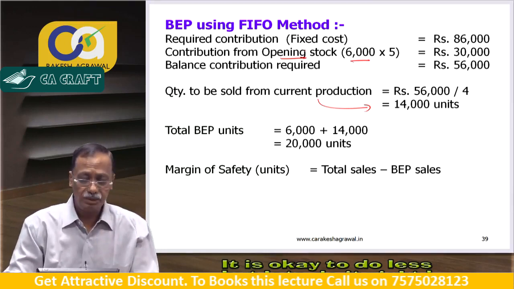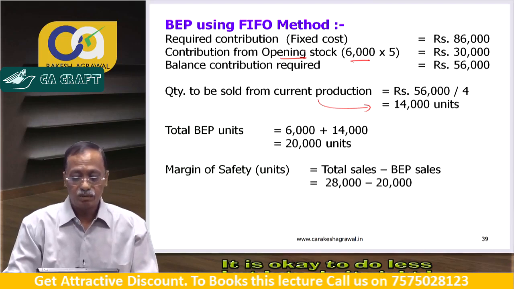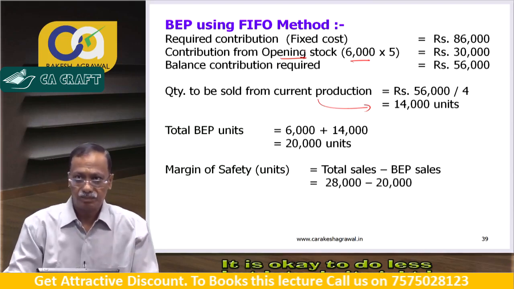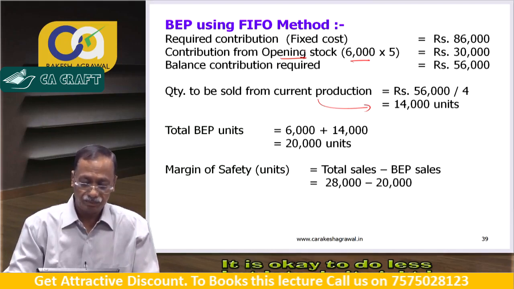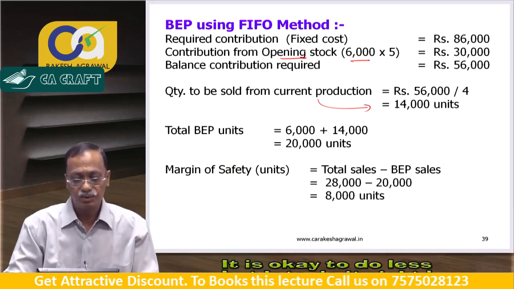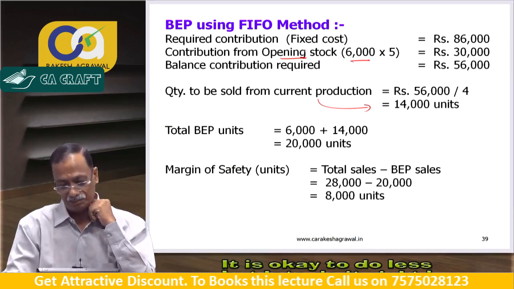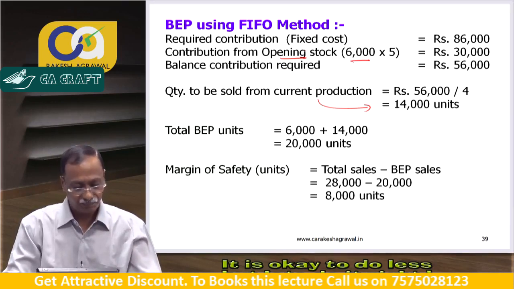Total sales minus BEP sales is equal to 28,000 minus 20,000, that is 8,000 units. Done.